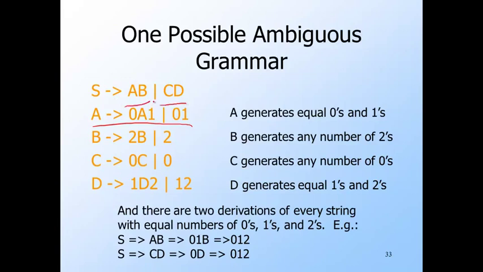If we go with AB, then we get strings where the zeros and ones match, while if we go with CD, then the ones and twos match. As a result, strings like 012 with the same number of each symbol will have two leftmost derivations, one starting with S goes to AB, that's this, and the other starting with S goes to CD. Here are the two derivations for 012.